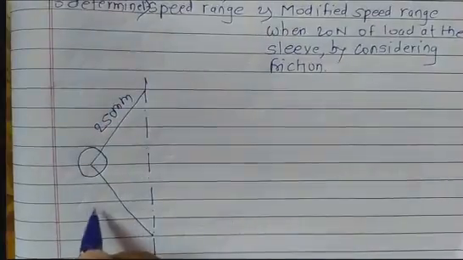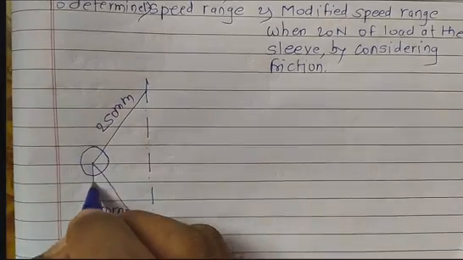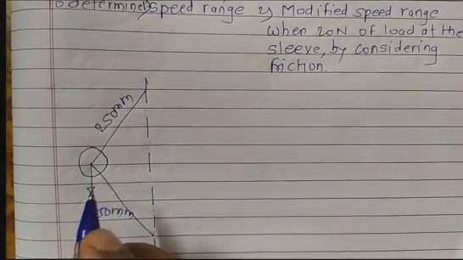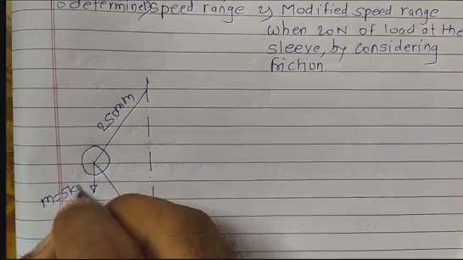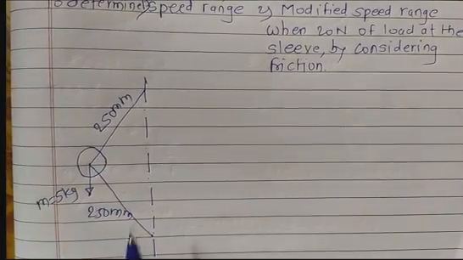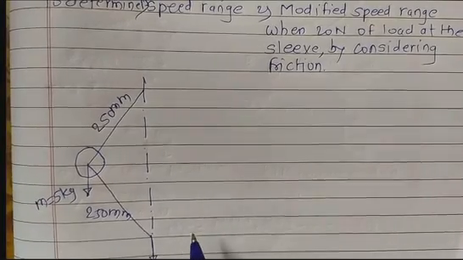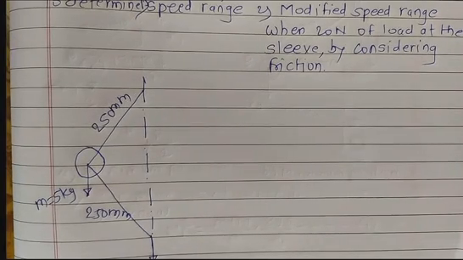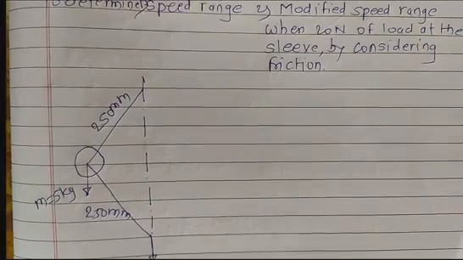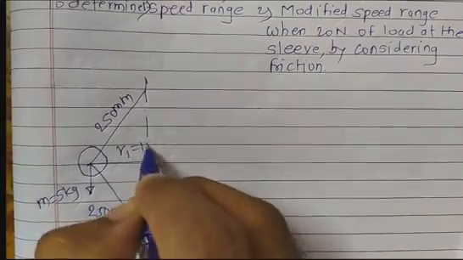The length of both the arms is 250 mm. The mass of the fly ball is 5 kg and the central load is 30 kg. Now here the radius of rotation R1 is 150 mm.